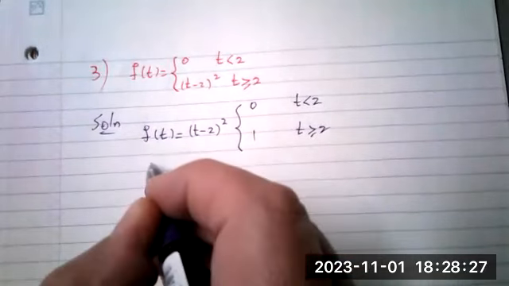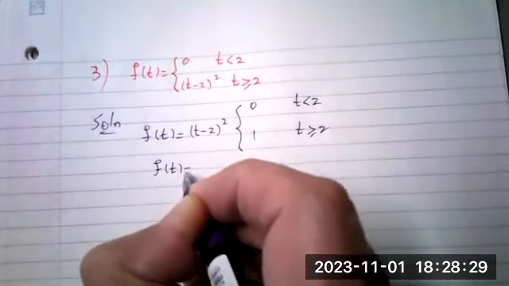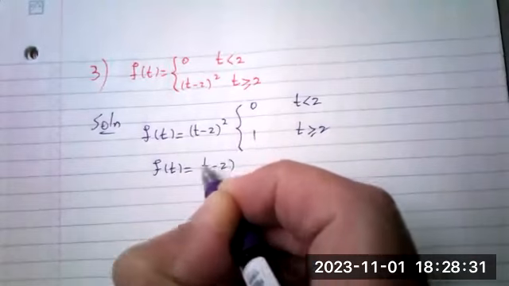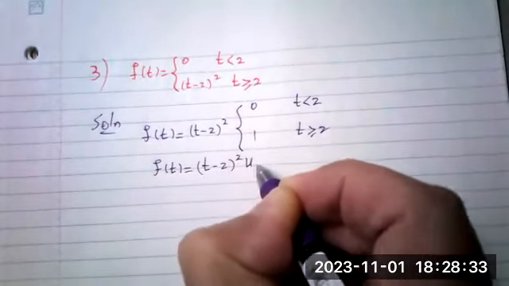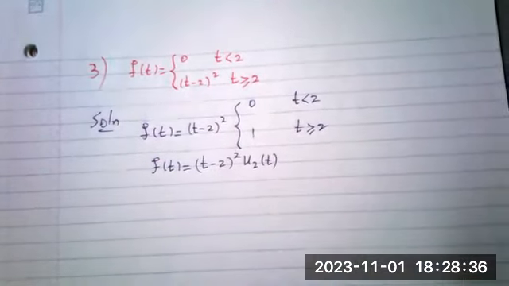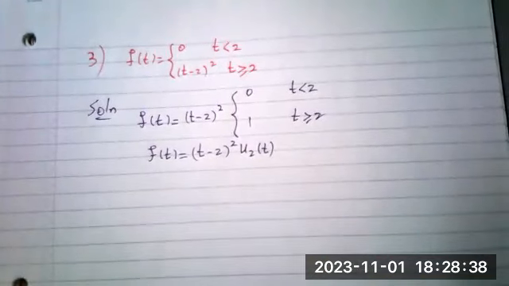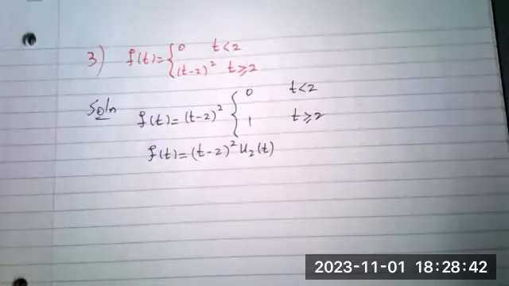So f of t equals (t minus 2) squared u_2(t). Everything is nicely given here. The base is 2, the function is (t minus 2) squared. So the actual f of t would be t squared, and for the rest, you have the base. Everything is already given to you.